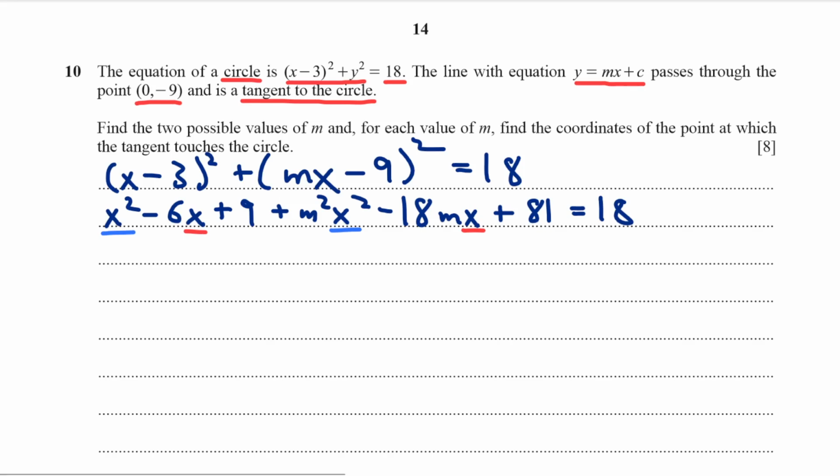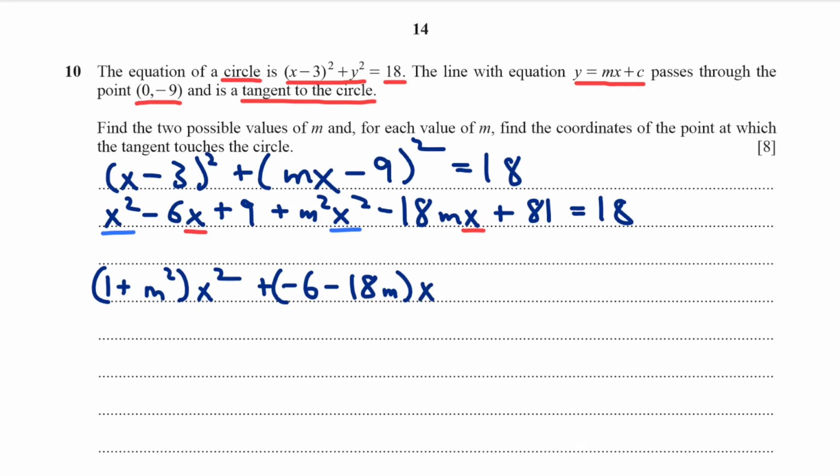So over here we have (1 + m²) x², plus (−6 − 18m) x, and then we have a positive 9 over here, and so we just add 9 plus 81 minus 18, we subtract 18 from both sides, and we get equals 0 over here.